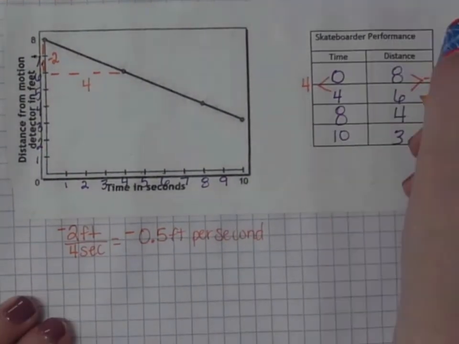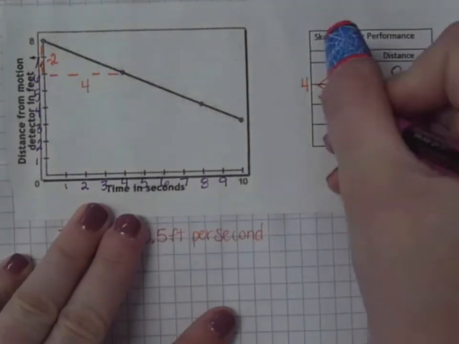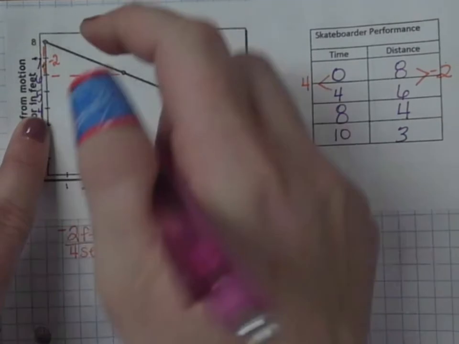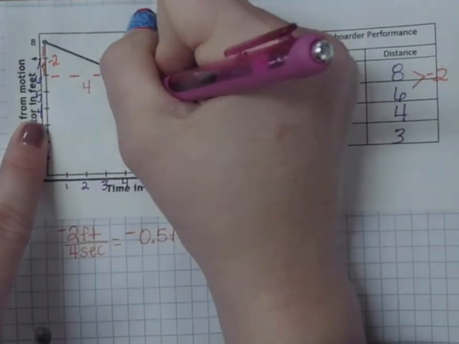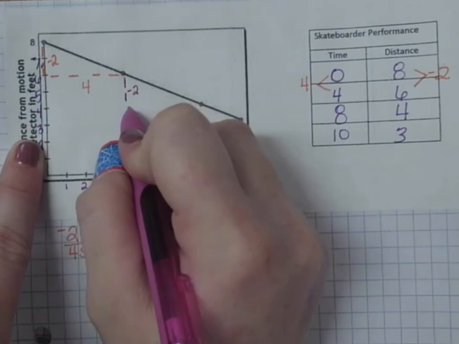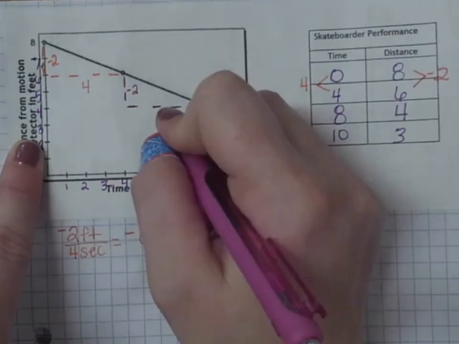Okay, let's do the next one, and I'm going to switch colors so that you can see which one is going to which one. So we're going to go from 6 down to 4. So it's still going down 2, and it's going over 1, 2, 3, 4.